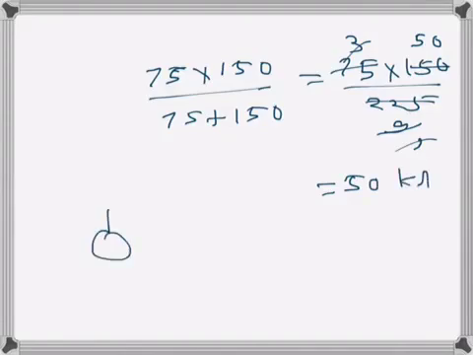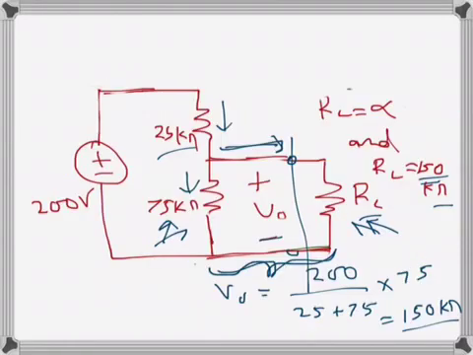So we can redraw the circuit. We can simplify because all we have to find is V0. This is not changing because these two are in parallel, so even if we replace them by one resistance, V0 remains the same.